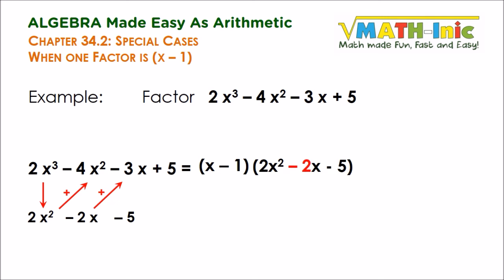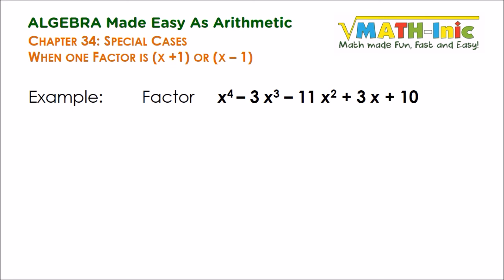Negative 5 plus 5 is 0, so that means that it's exact. There is no remainder. 2x cubed minus 4x squared minus 3x plus 5 is therefore equal to x minus 1 times 2x squared minus 2x minus 5. In fact, if we're doing this, we don't even need to apply the first by the first and the last by the last anymore, because this one's direct, right?